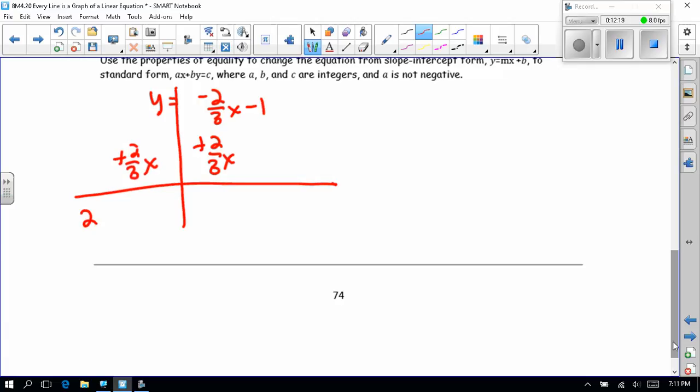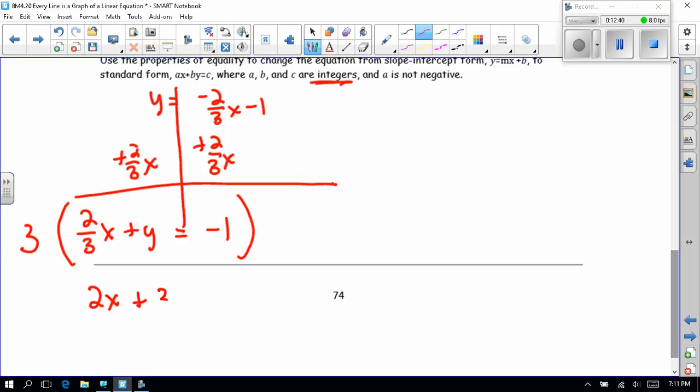So I have 2/3 x plus y equals -1. But remember, they have to be integers, so I can't have a fraction there. So how do I remove that fraction again? Multiply the entire thing by the denominator, by 3. So I'll have 2x plus 3y equals -3.